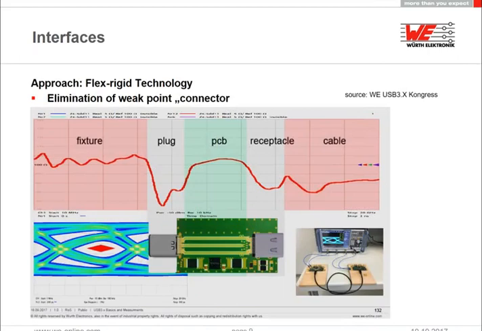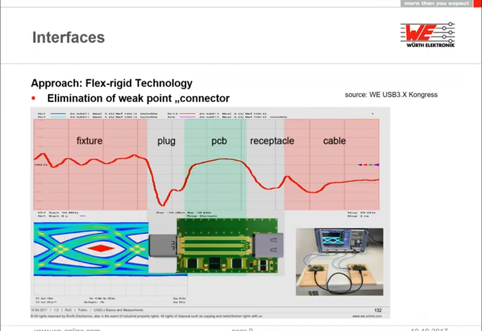So this is a TDR measurement along a complete system with a test fixture, a plug, a PCB, a receptacle, and a cable in between. And we can see that in the area where the connectors are located, we have a big disturbance in the signal.